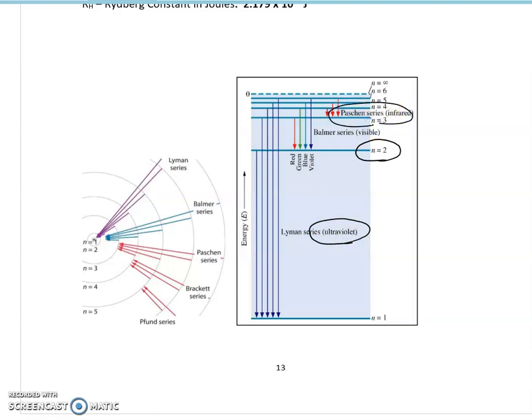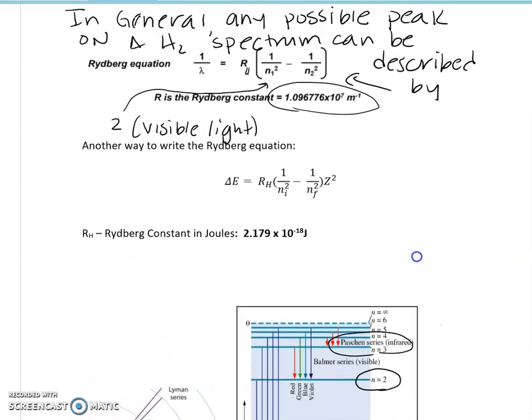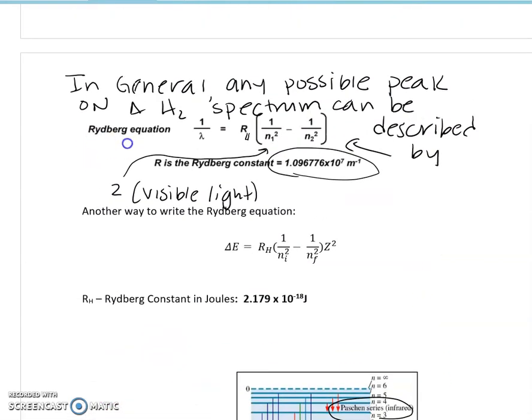We're not going to focus on those. I just wanted you to be aware that there are other series, but in general, you can use the Rydberg equation. If you want to calculate a wavelength, you want to use this equation to solve for the wavelength, and then our units here will have to be meters.